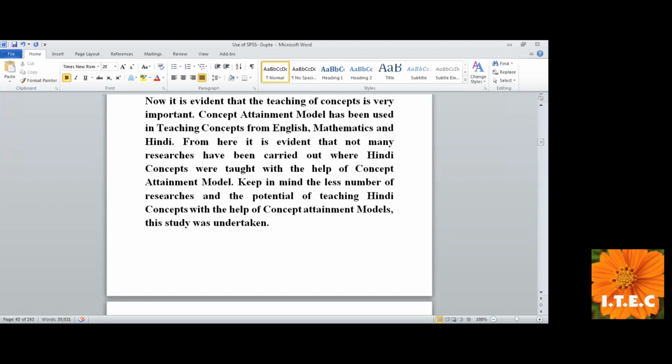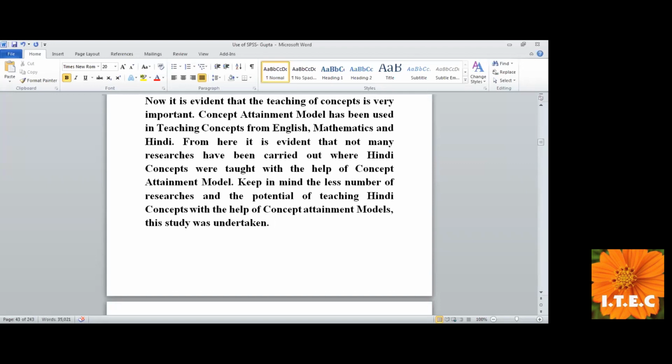Because the majority of researchers will be reading the rationale. And if your rationale is very strong, then you have a plus point for your thesis. But if your rationale is not very strong, then naturally your thesis is not very strong. That means the work which you have done is not of much use. So that's what you have to do.